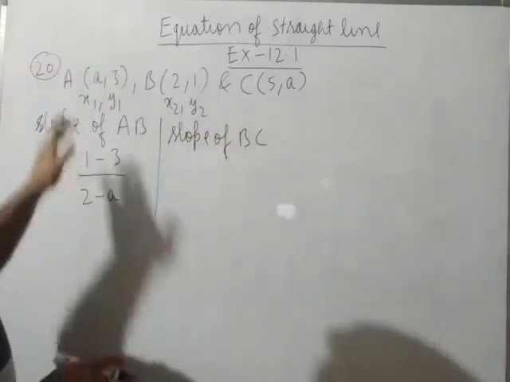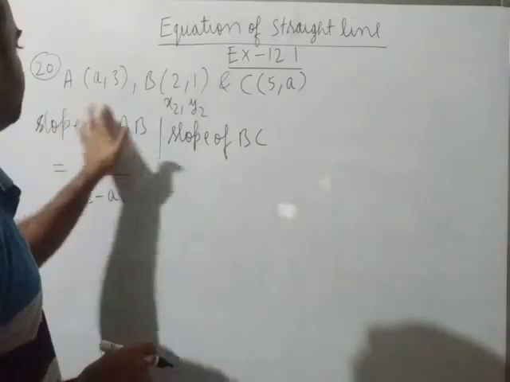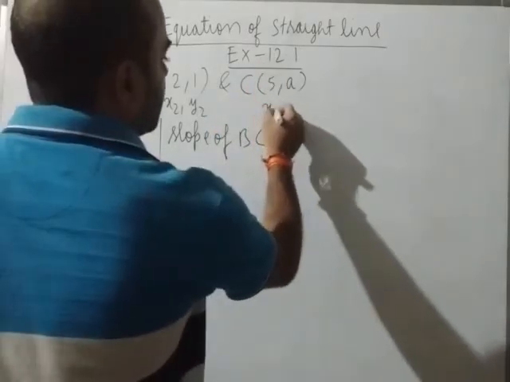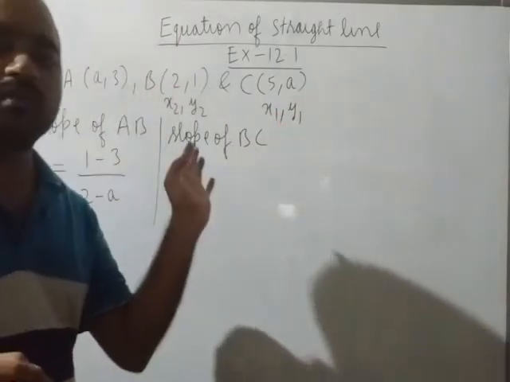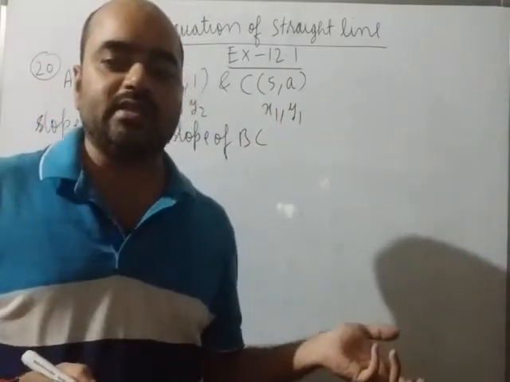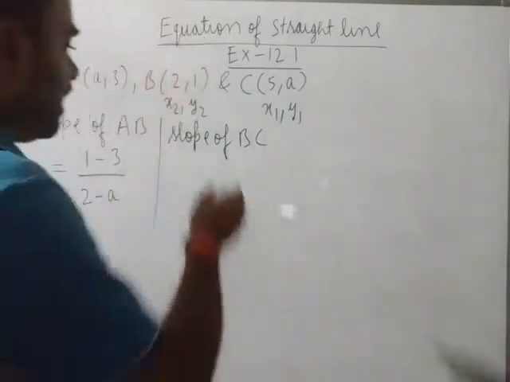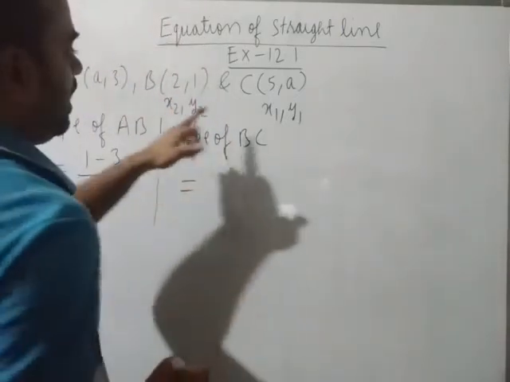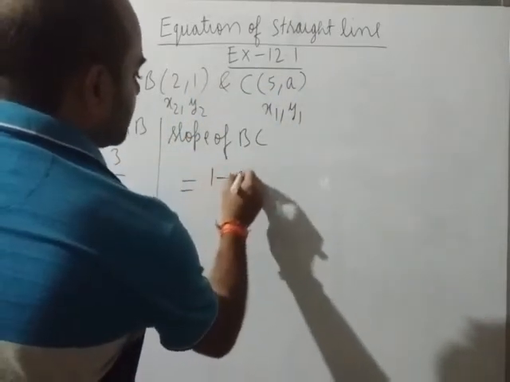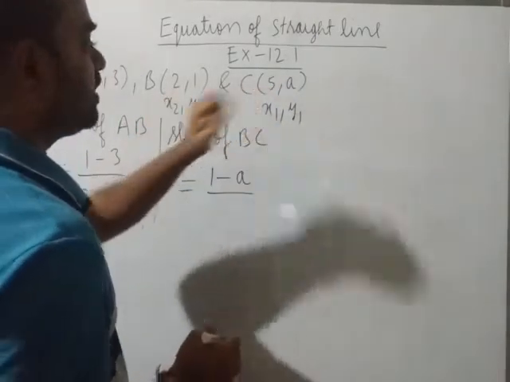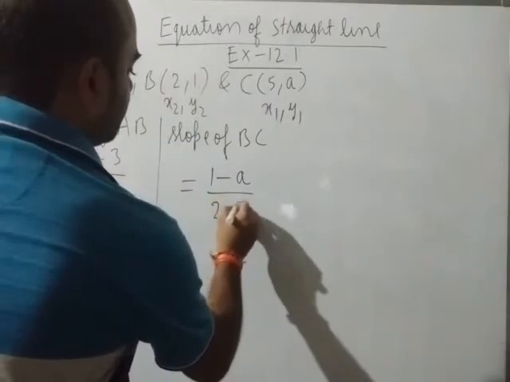Then calculate the slope of BC. Suppose this is x1, y1 and this remains the same x2, y2. No problem. You can take any point as x1, y1 and x2, y2. Then again the slope of BC is y2 minus y1, that is 1 minus a, upon x2 minus x1, that is 2 minus 5.